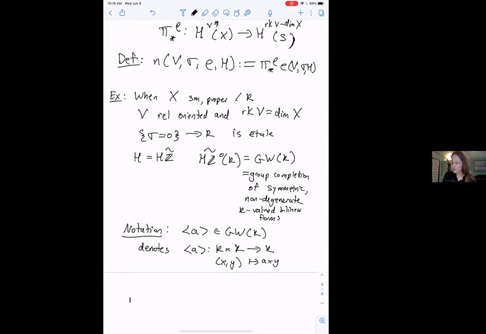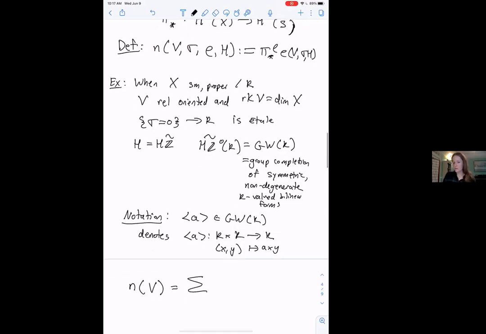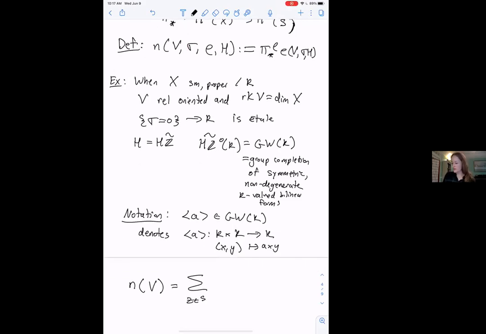So then this Euler number here, and let's leave off these things for brevity, is a sum over the solutions to the equations cutting out sigma equals 0, of a weight associated to each of these solutions.